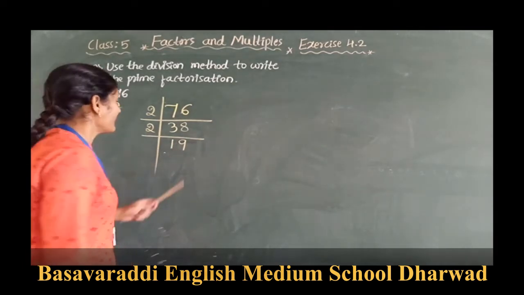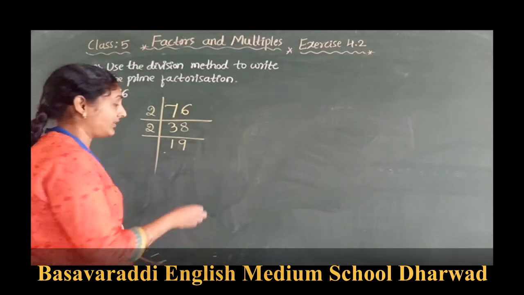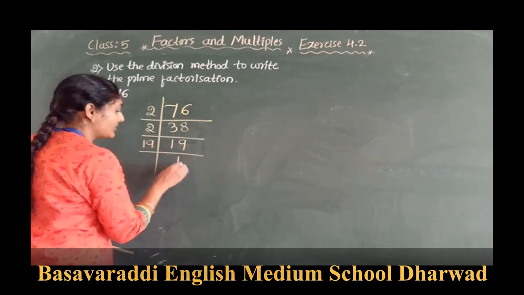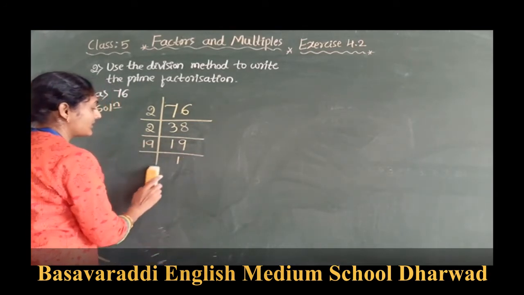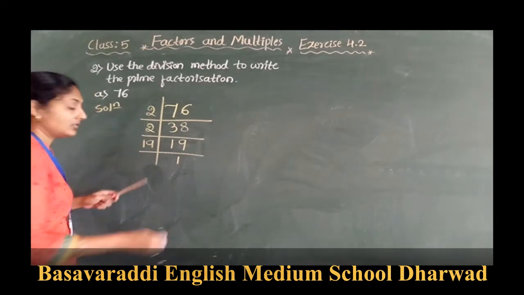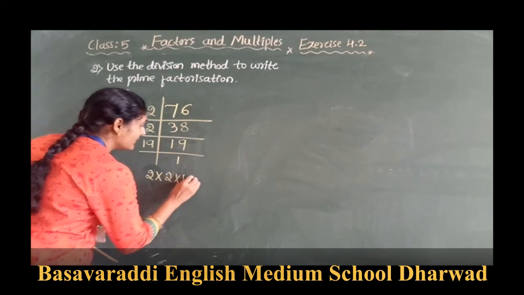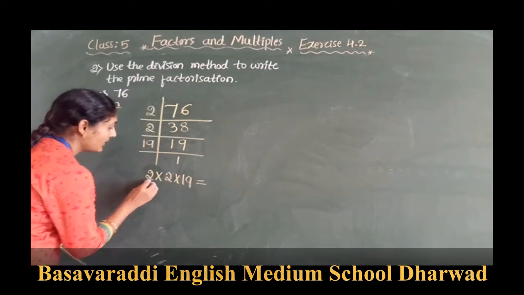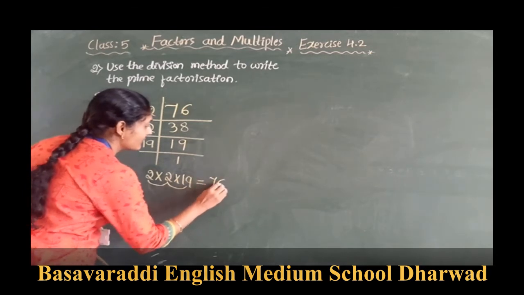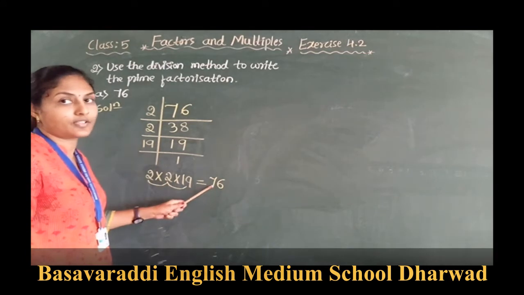Because it has only two factors, 1 and 19. So write the number 19. 19 ones are 19. This is the division method. So write all the factors: 2 into 2 into 19. After multiplying we get 76. 2 twos are 4, and 4 nineteens are 76.